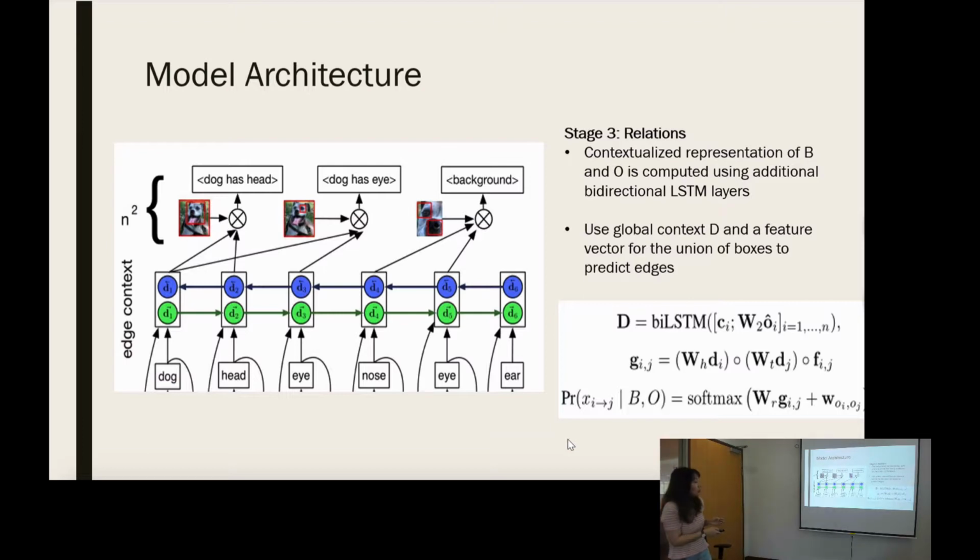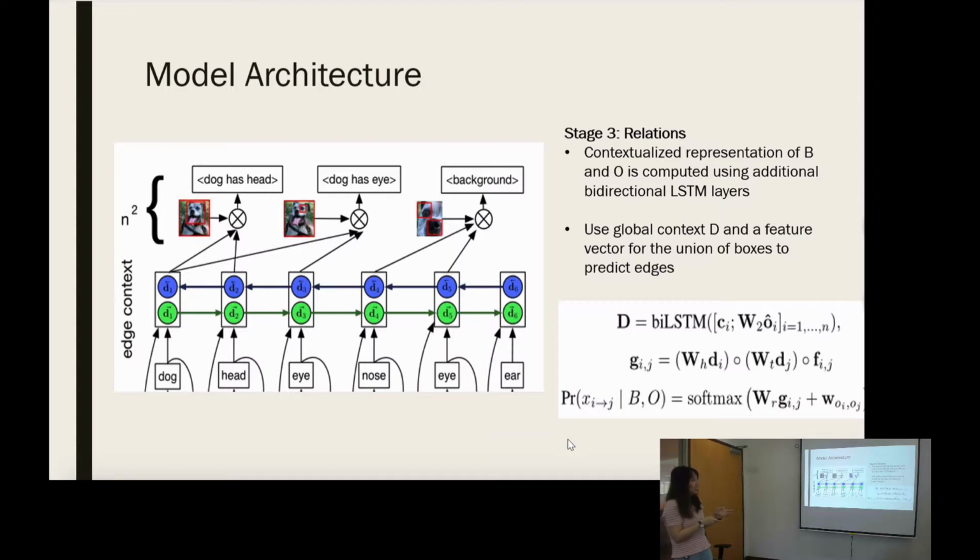After we get the encoded information, we combine it with the feature from the bounding box, pair by pair, and we predict the edge between them. If they have a connection with each other, we predict the edge, like the dog has hair. If there is no interaction between the objects, then we predict it's a background. So this is the whole structure of the Motif model.